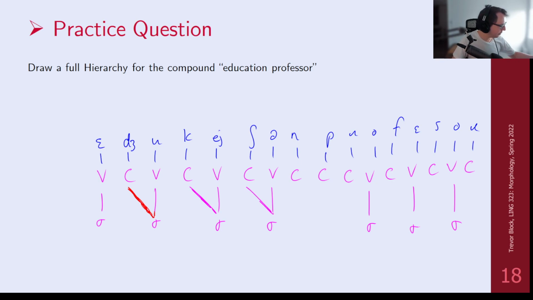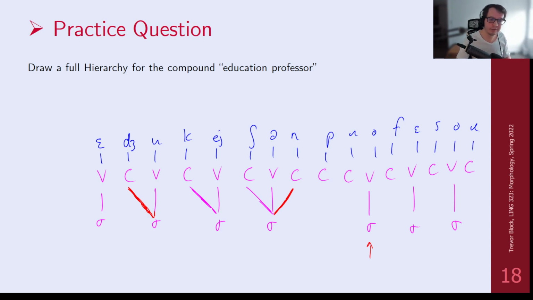Okay, what's more interesting is this next pair. We're taking a look at this syllable. We have N, P, R. Are all of these in the onset? We have to ask ourselves, can we start a word with NPR in English? No, we cannot. So we know that the N is not going to be in that syllable we're looking at.